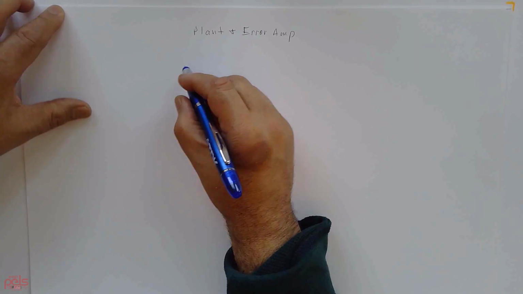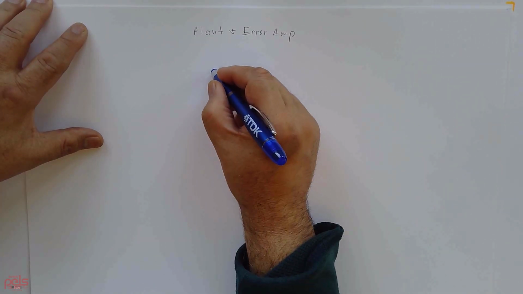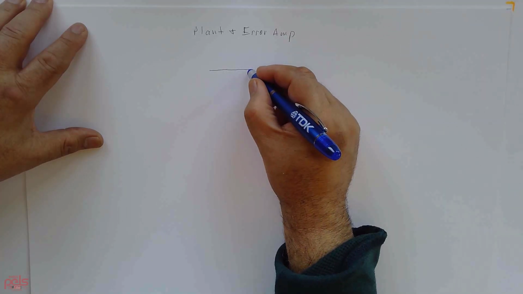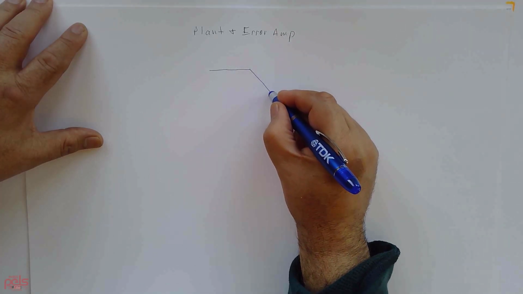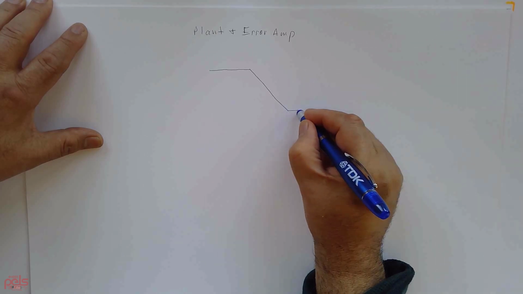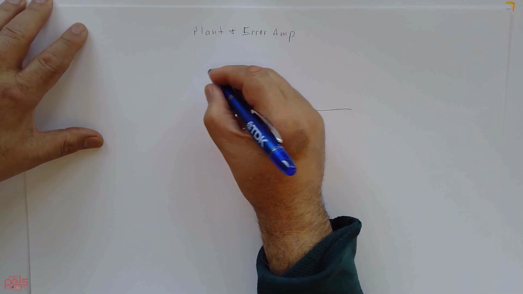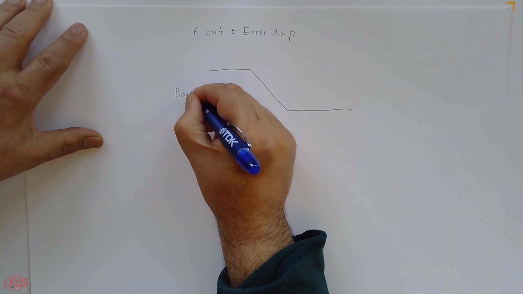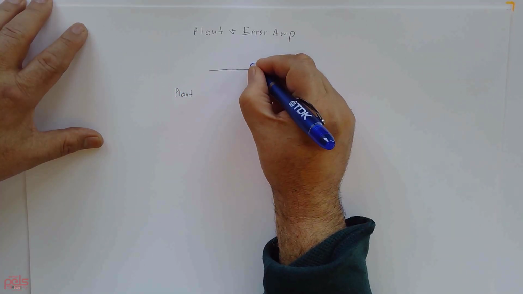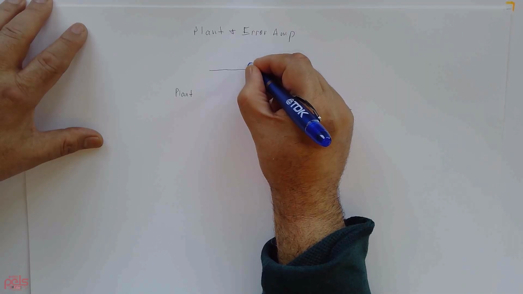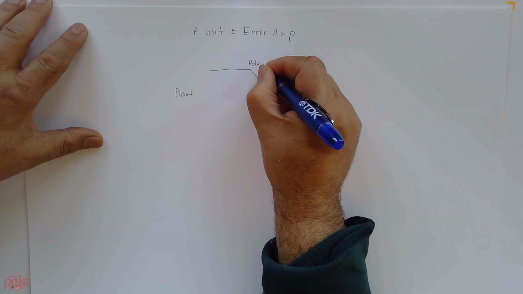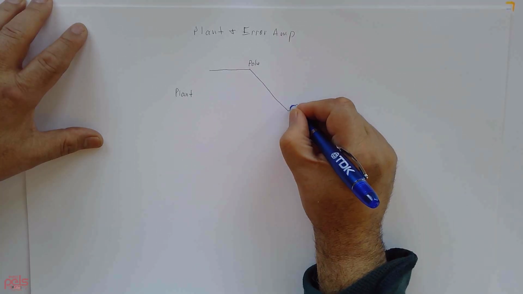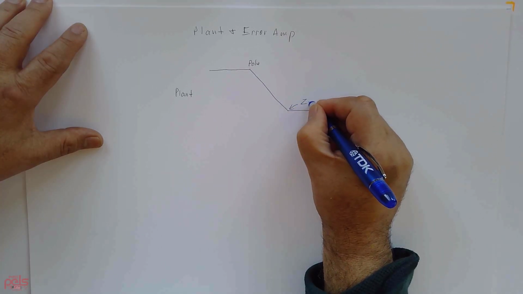We'll draw the Bode plot again. This will be the plant, this would be the pole of the filter, and then this will be your zero.